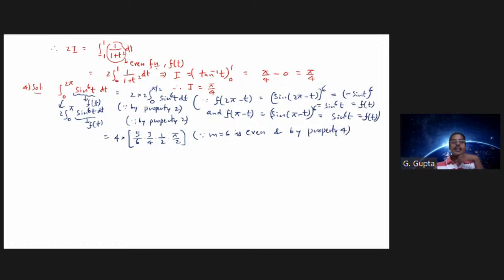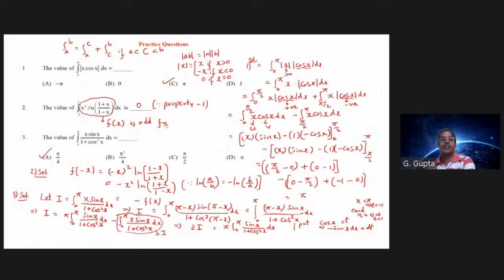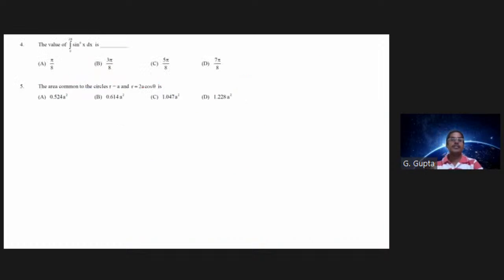So 4 cancel. 3 ones are 3, twos are 6. So 5 pi by 8. So accordingly, this is option C.